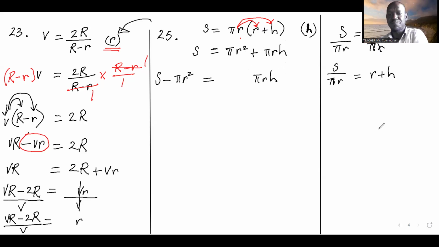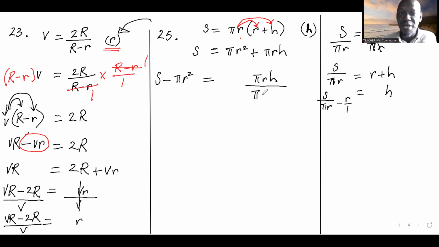But people, here with this one, we're finding for h, boy. We find for h real easy, boy. This is a boss. So this is pi r minus r. I'll put it as r. No. Yeah, pi r over 1. And you found for h. For me now, I would have divided here by pi r.